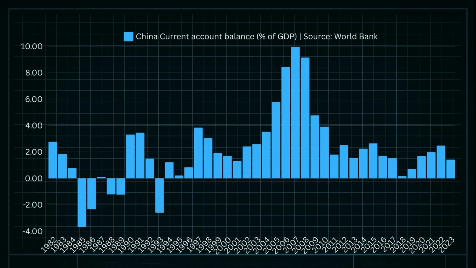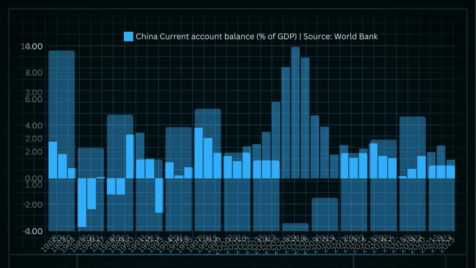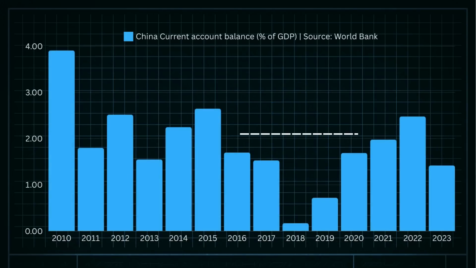Here's a graph with data that we collected from the World Bank on the current account balance as a percentage of GDP of China. As you can see, even though China has a big surplus in trade with the United States, their current account balance doesn't really reach more than 2%, at least in the latest years. From 2016 to 2020, their current account balance was much less than that figure.